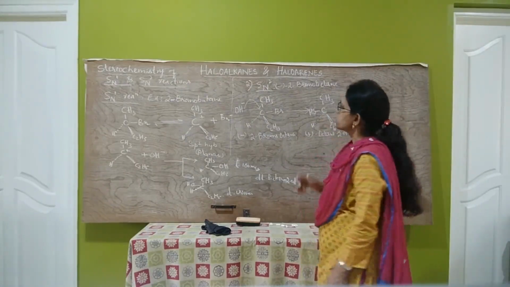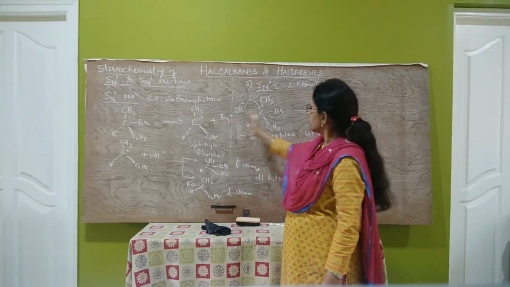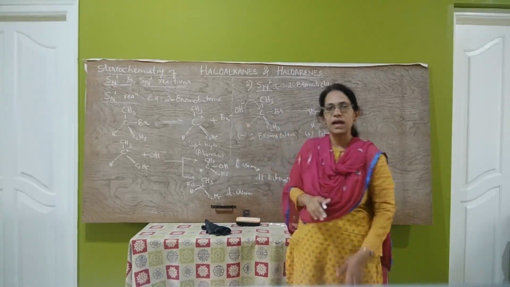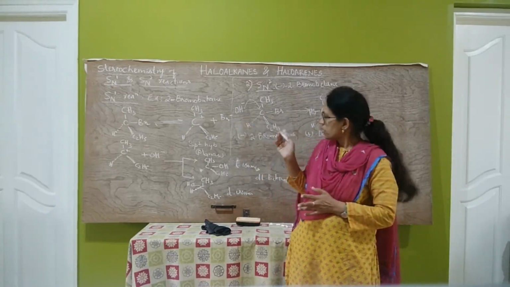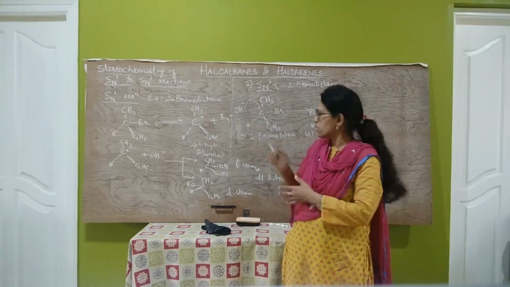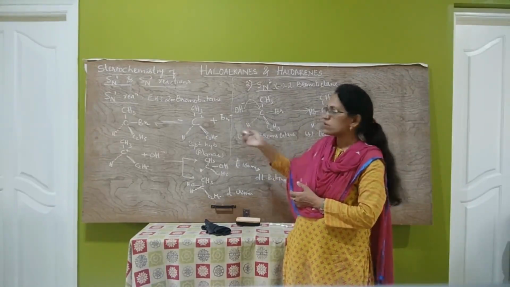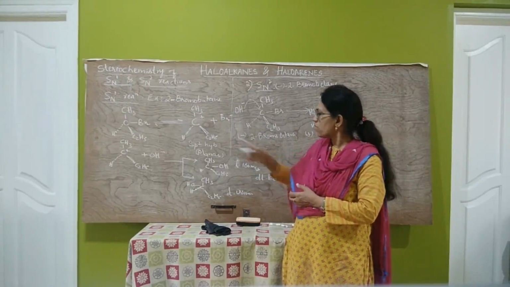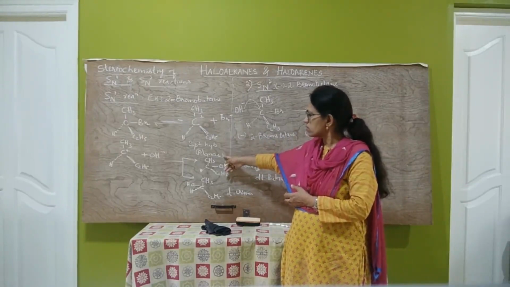So this is about stereochemical aspects of SN1 and SN2 reaction. That is, during SN1 reaction, racemization takes place because the carbocation formed is sp2 hybridized and it has a planar structure.